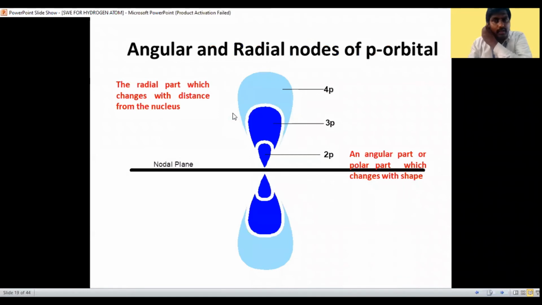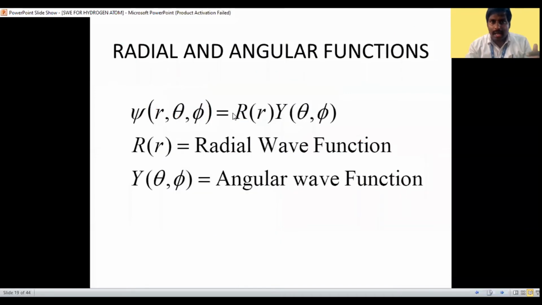And now the angular wave function and radial wave function of the p orbital. See, from 2p to 3p you are having a radial wave function, and from 3p to 4p you are having a radial wave function, that is a radial node. And the angular node will depend on this part, that is Y of theta, phi, and the radial node will depend on R of r, the internuclear distance, that is first orbit, second orbit, third, fourth, fifth.